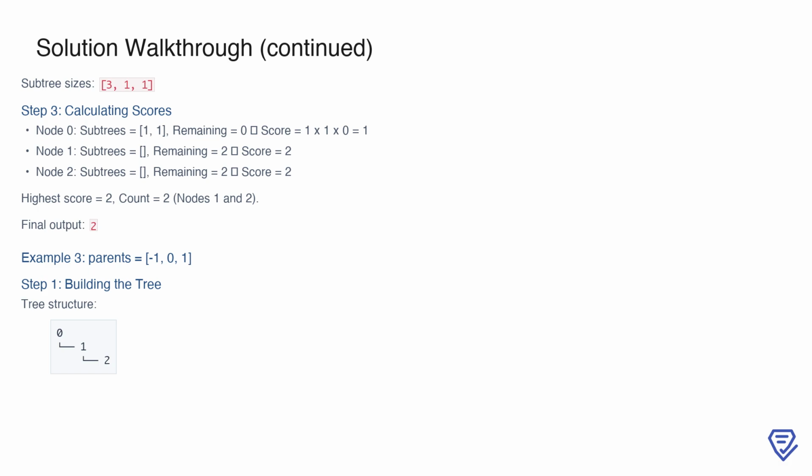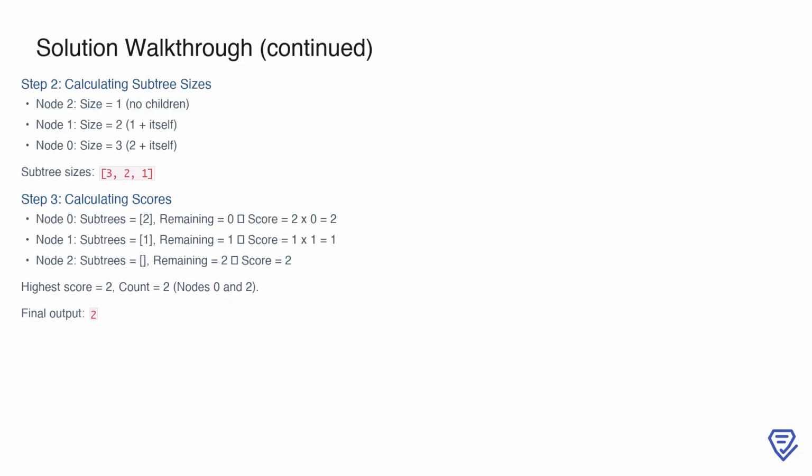For node 0, the subtrees are of size 1 and 1, but there is no remaining part of the tree, so its score is 1 times 1 times 0, which equals 1. For nodes 1 and 2, they have no subtrees, but the remaining tree size is 2, so their scores are 2. The highest score is 2, achieved by both nodes 1 and 2. Thus, the output is 2, indicating two nodes with the highest score.